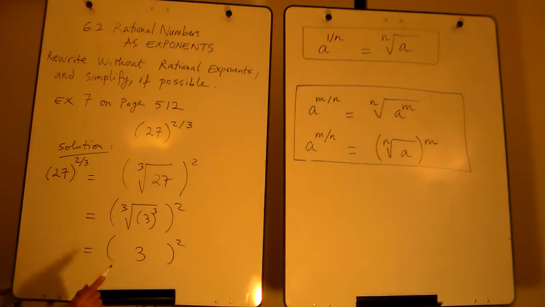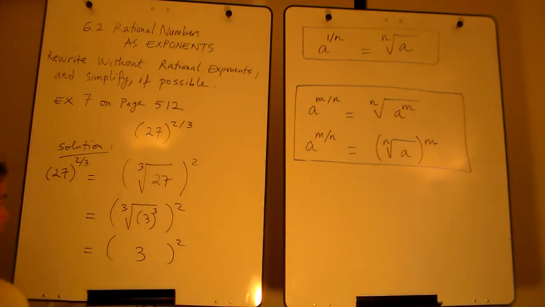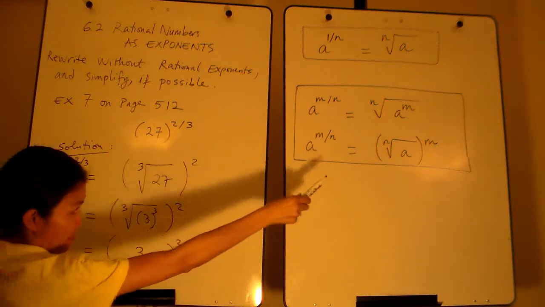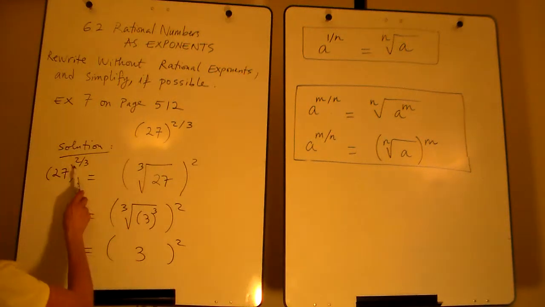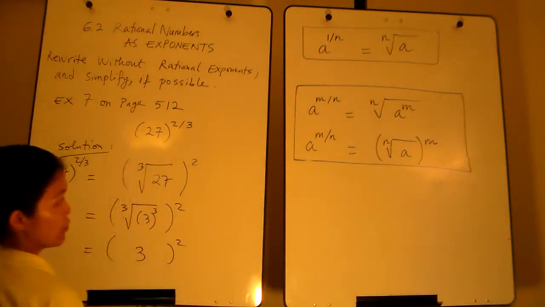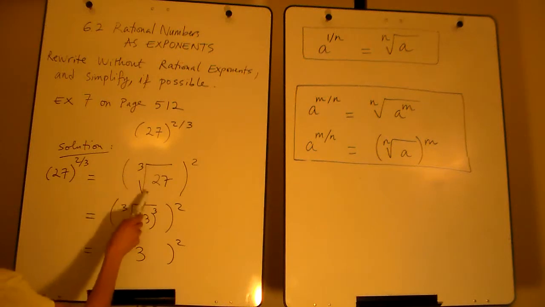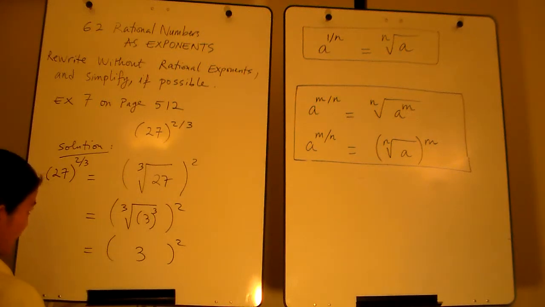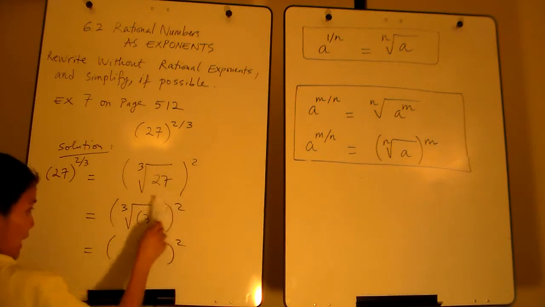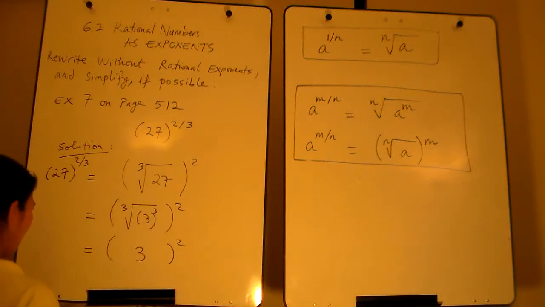So let me recap what we just did. We use this formula, so we have parentheses outside with m, which is the numerator, 2. That's why we have 2 right here. And then the radical is the nth root, where n is the denominator, which is 3, so we have the cube root. Then I'm just writing the equivalent form of 27 as 3 raised to the third power.